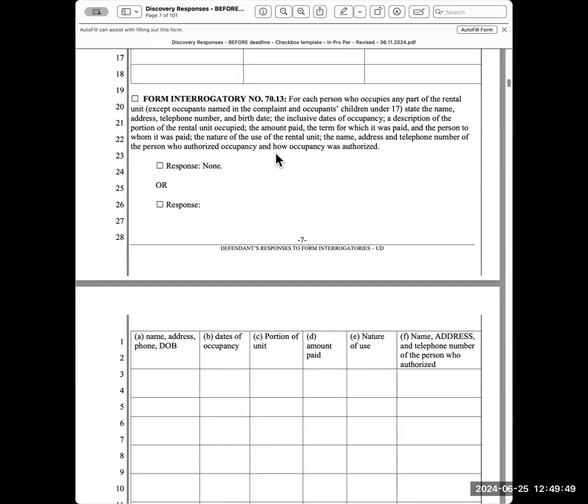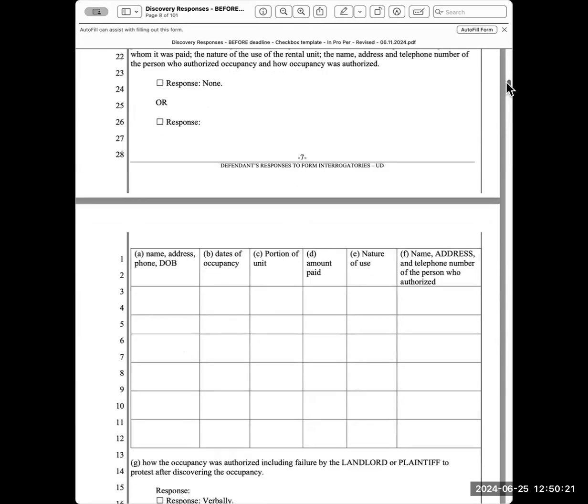So anyone that's an adult living in the unit, you're going to put. If there's no one, you check here. If the only people living in the unit are the named occupants and their children, if any, then you check here. If someone else is living in the unit other than the named occupants and any children under the age of 17, you check here and you fill in this chart.